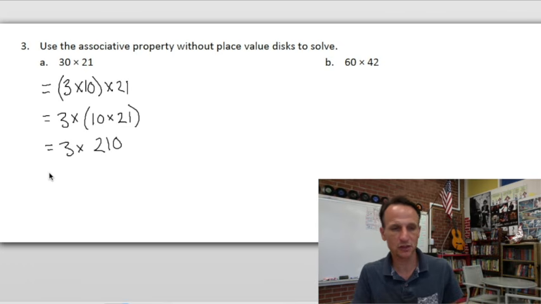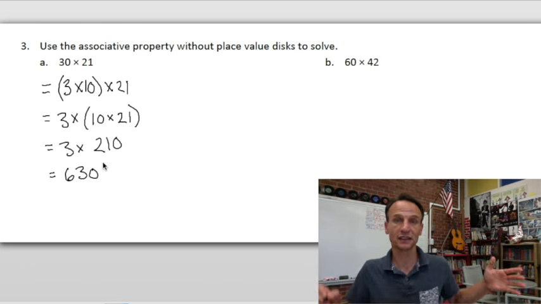And now because there's no regrouping, we can easily triple 210 in our heads. Triple the 10, it's 30. Triple the 200, it's 600. 630.